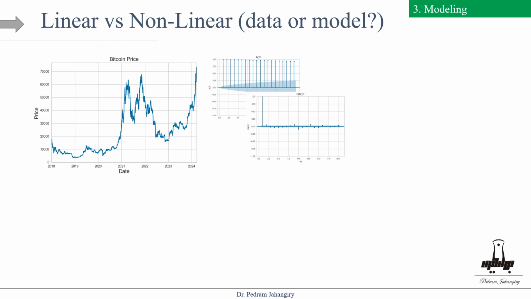All right, now let's look into very complex nonlinear real-world data. And I just, for example, wanted to work with a Bitcoin price, right? So this is Bitcoin price as of 2024, and as you can see, this is obviously a very complex nonlinear time series. Now there are trends. We don't know if there's seasonality or not.